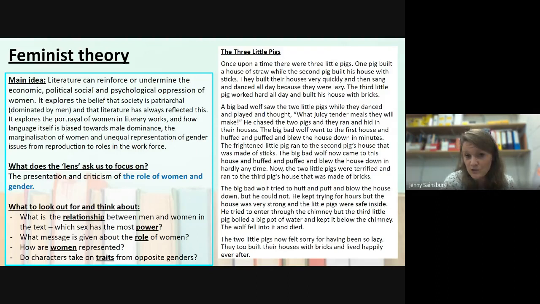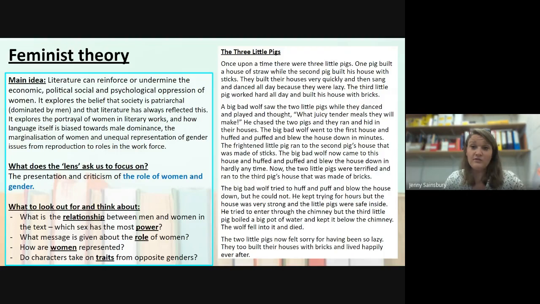The pigs in this story do not have a gender assigned to them, but we as readers have assumed maybe a gender, possibly because that's what they look like in all our storybooks from when we were way back as early literature students, just experiencing nursery rhymes for the first time. And a feminist theorist would look at that and try and question it and try and work out why.